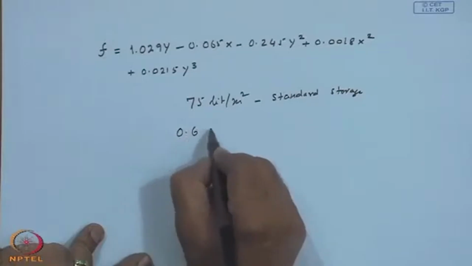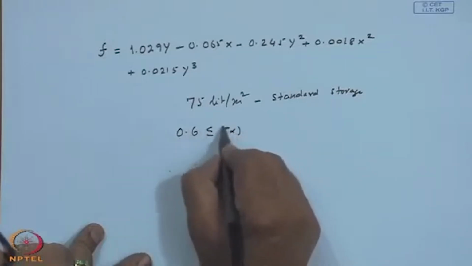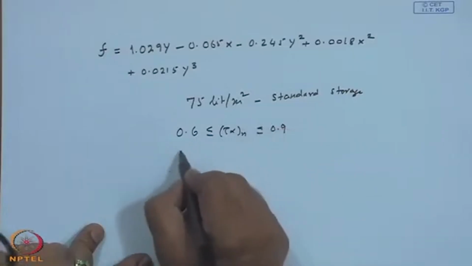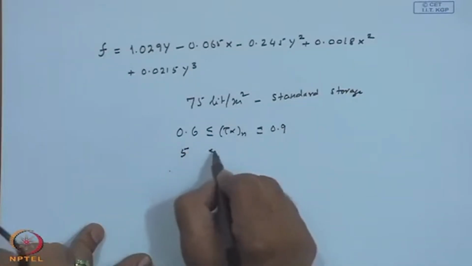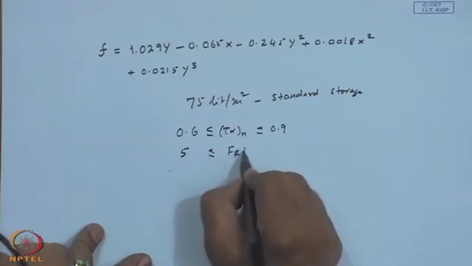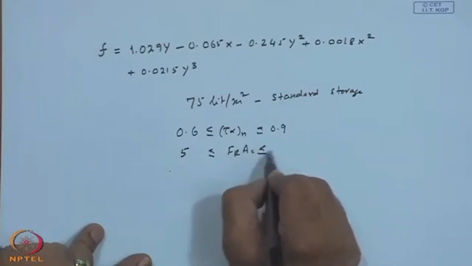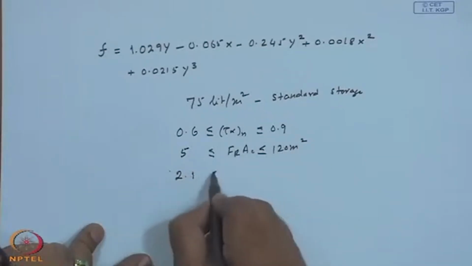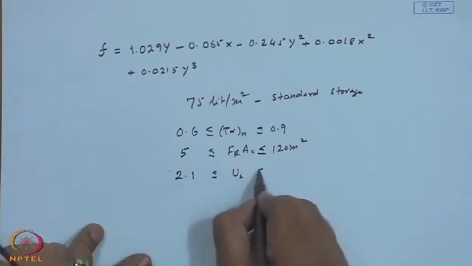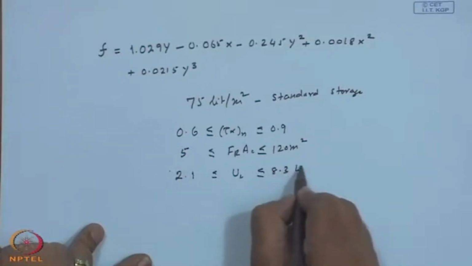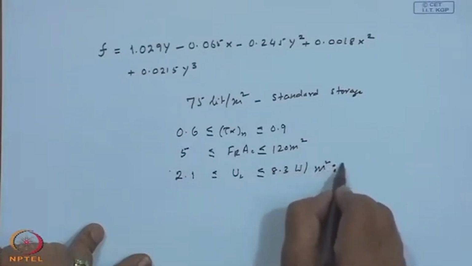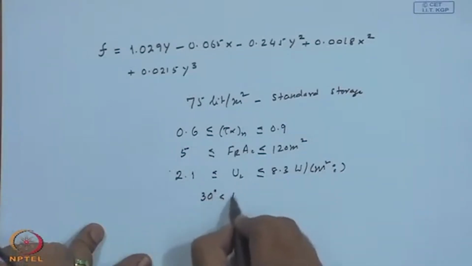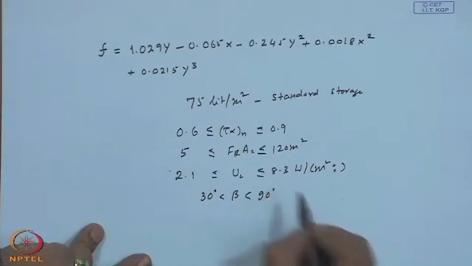However, I shall repeat: 0.6 is less than or equal to the normal transmittance-absorptance product, which is less than 0.9, and the area heat removal factor product is within the limits of 5 to 120 meter square, and the overall loss coefficient is between 2.1 to 8.3 watts per meter square degree C, and beta is between 30 degrees and 90 degrees.